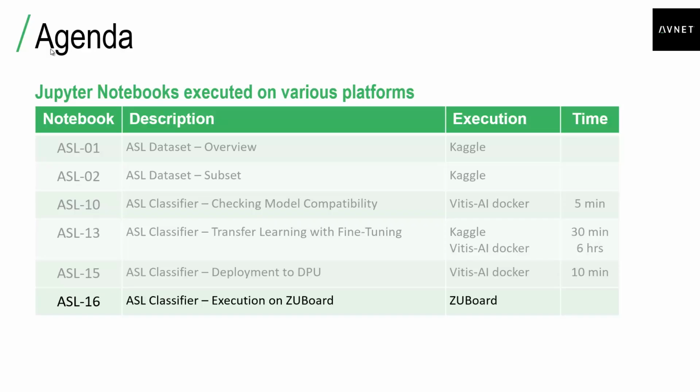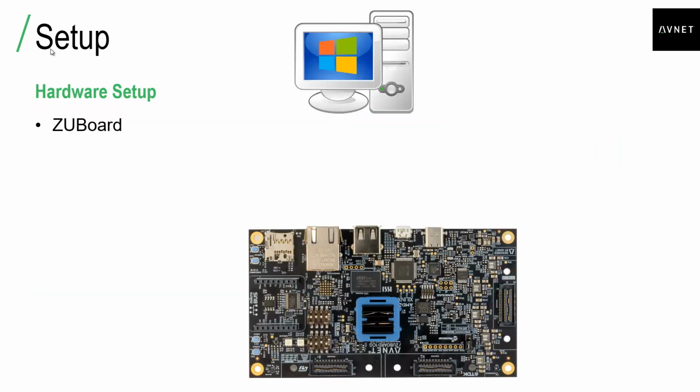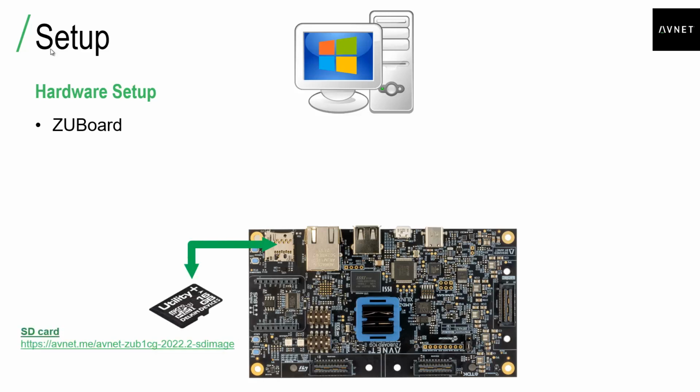All right, now that we have compiled our model for the Zynq UltraScale+ device, specifically the B512 DPU, we can deploy it on our board, the ZU board. So the hardware setup that we'll be using for this is, of course, the ZU board. We'll be programming the 2022.2 SD card image that we mentioned at the beginning of this webinar into the micro SD card. We'll have the ZU board connected to its USB-C power supply.